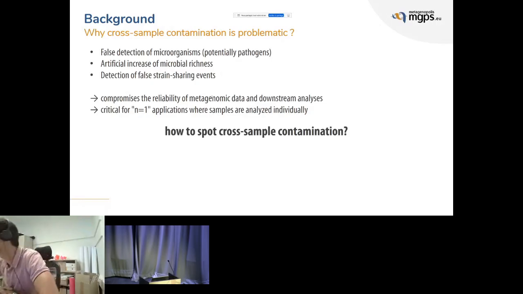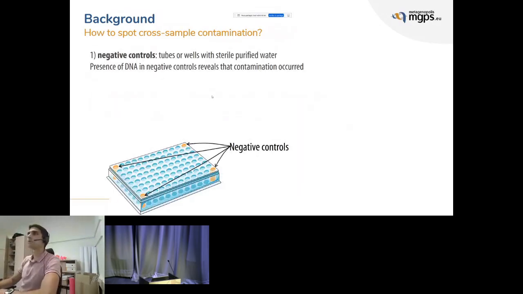So we need methods to detect this kind of contamination. And the best-known method is negative controls, which are tubes or wells with sterile purified water. And typically, when you detect DNA in a negative control, for instance using PCR or sequencing, it reveals that contamination occurs.